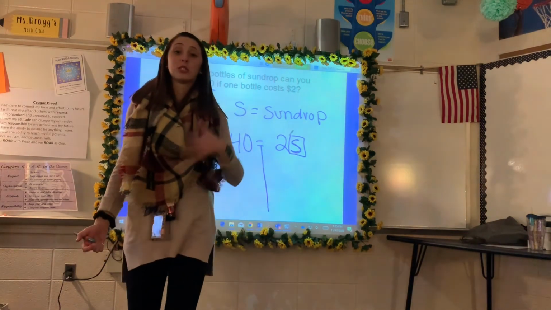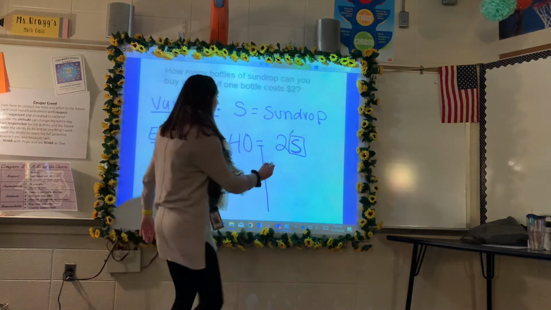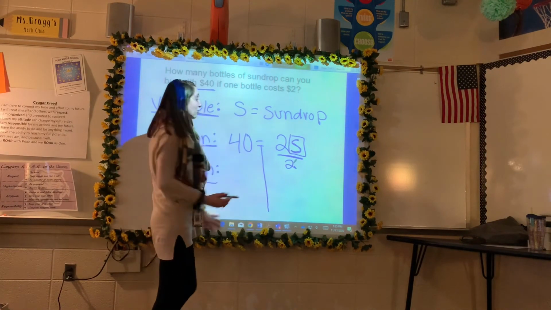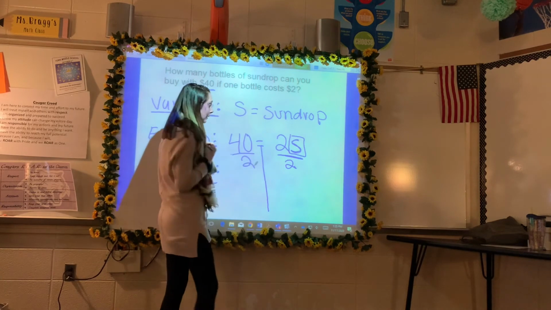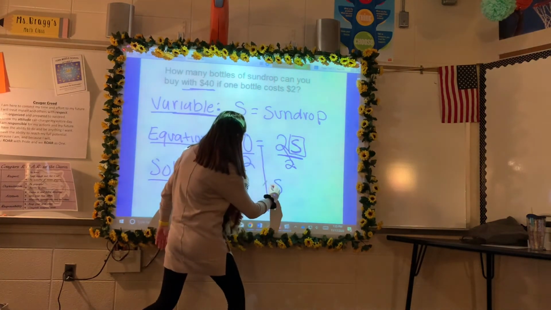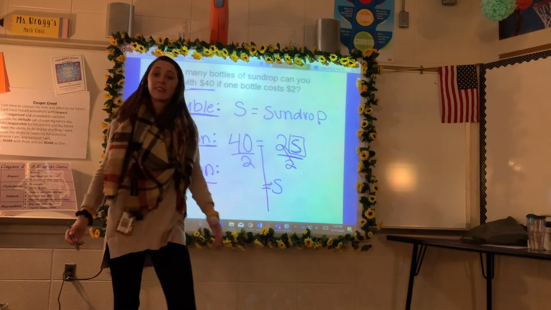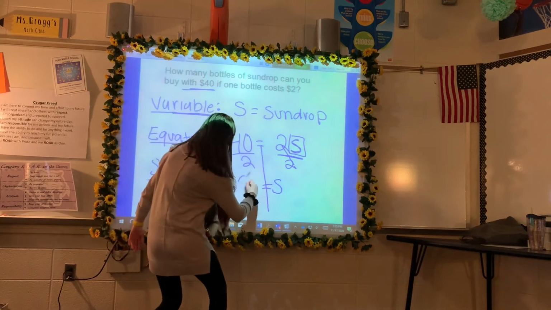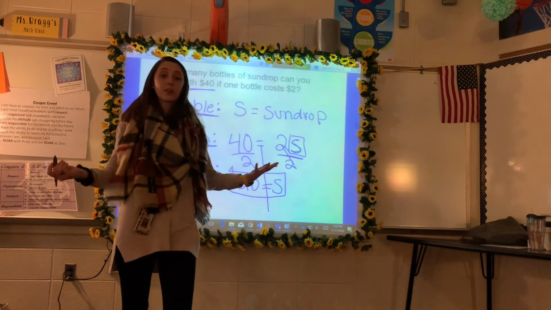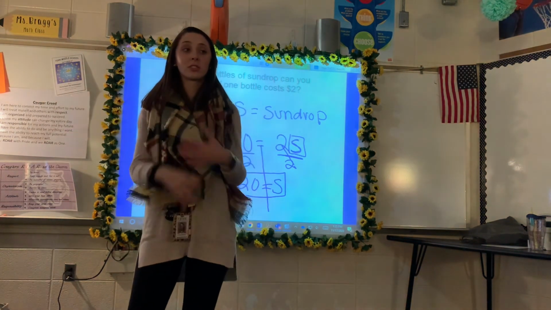That means to multiply. So the inverse of multiplying would be dividing by 2. And if I divide by 2 on my right, I have to divide by 2 on my left. On my right, I'm left with S. And on my left, 40 divided by 2 gives us 20. So our solution is S equals 20. So therefore, you can buy 20 bottles of Sundrop for $40.